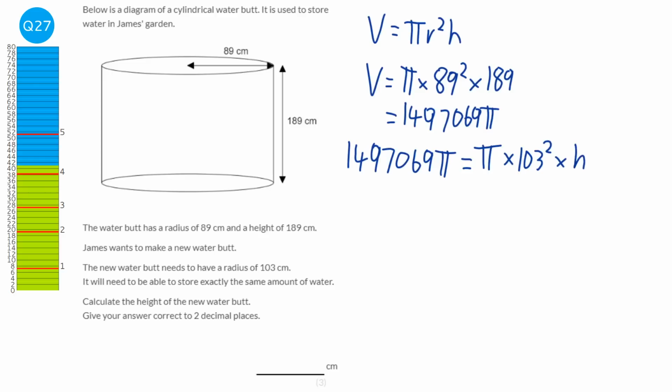Okay, so first thing we can do actually is just cross off the pi's from both sides. Actually, we don't really need them at all. And then we can get our solving lines, and we can divide both sides by the 103 squared.